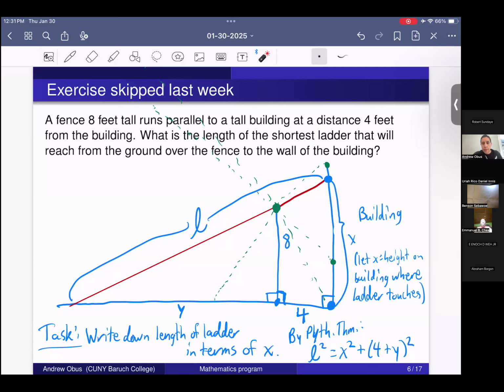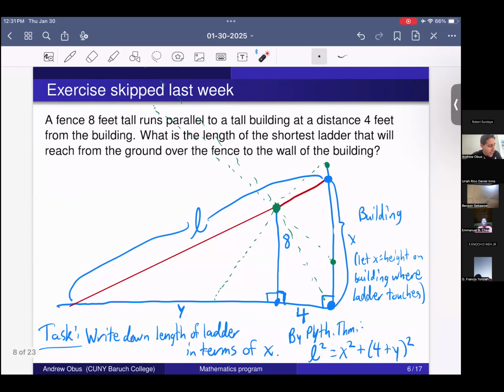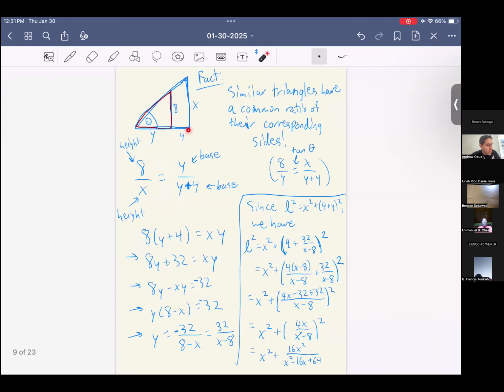Okay, so we have this expression we want to minimize, x squared plus 4 plus y squared. We needed to write y in terms of x. To do that, we used either similar triangles or trigonometry, however you want to call it. And once we wrote this expression in terms of x, we had to take the derivative and set it equal to 0. Okay?